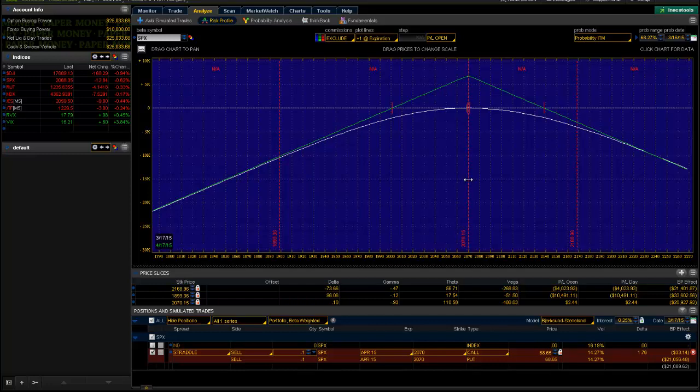So while yes, you may look at this and say, well, boy, delta is flat, gamma is flat, theta is big, you just need to understand there are a lot more moving pieces to this. And the biggest one is each day that the market sits here and does pretty much nothing, this white line that I'm hovering over right now is going to, each day, incrementally begin matching what the expiration graph is.